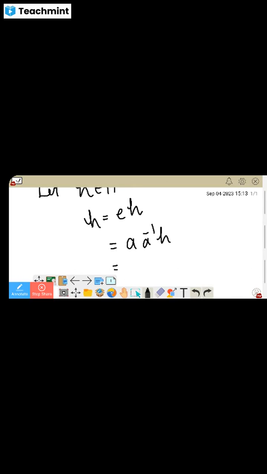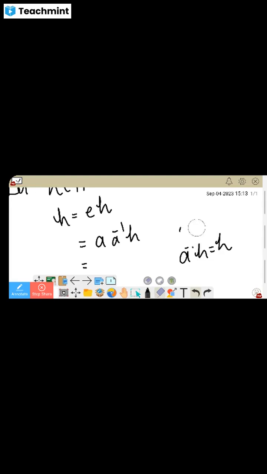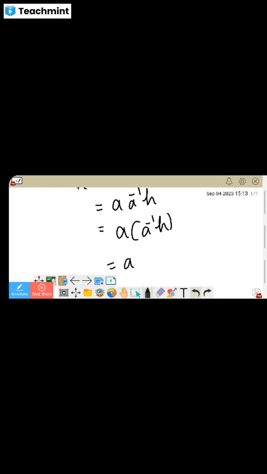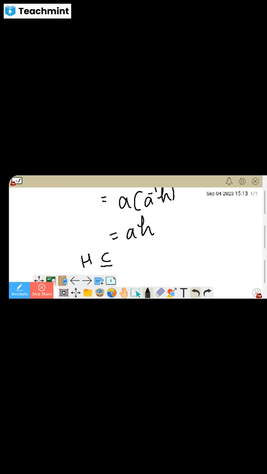So A into H is equal to H, or A inverse into H is also H. According to the previous rule, A into A inverse H gives us A into H. So we can say H is a subset of A into H.